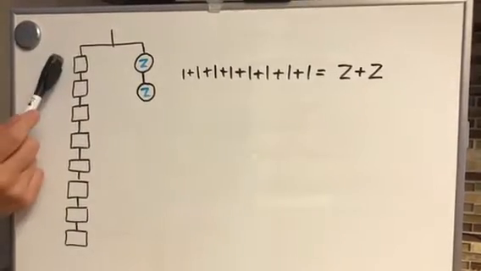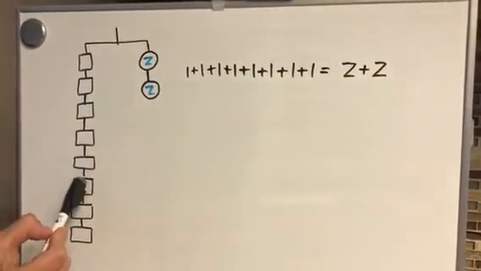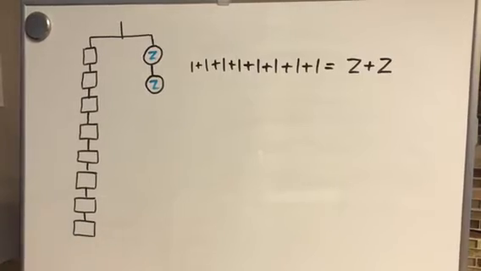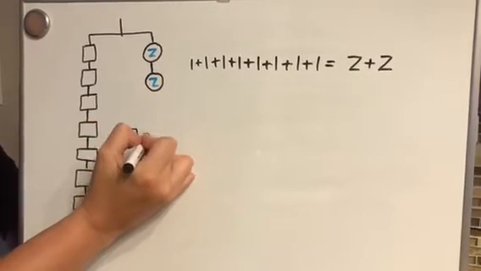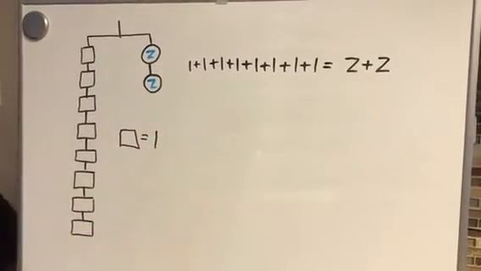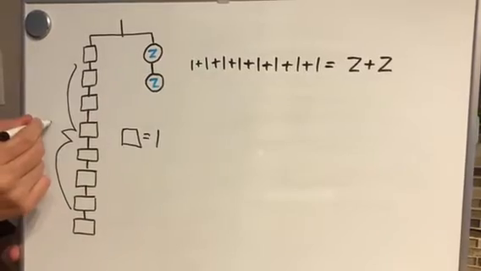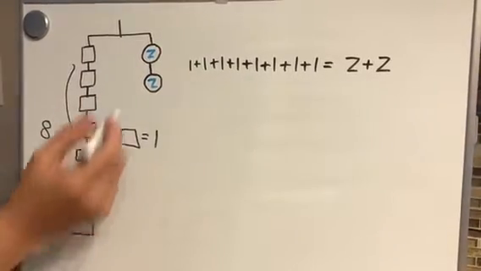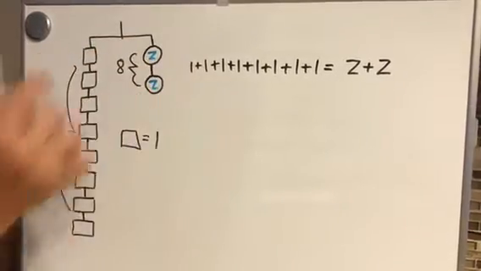And if we count the squares, we have 1, 2, 3, 4, 5, 6, 7, and 8. So we can conclude that each square is equal to 1. If we know that this side is 8, this side also needs to equal 8.